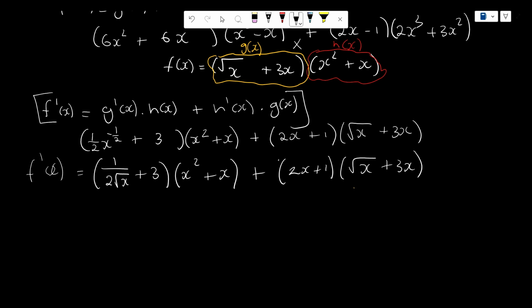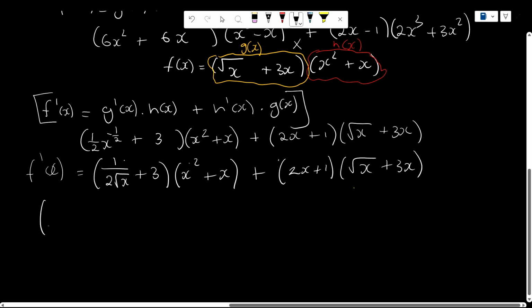Okay, but we could do that. Let's try and expand this bracket and see what will happen. So you're going to multiply that with that, and it will give us x squared divided by 2 root x, right? And then plus that times that will give us x divided by 2 root x.